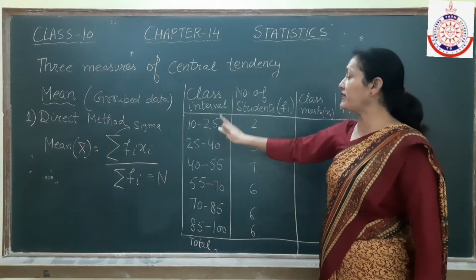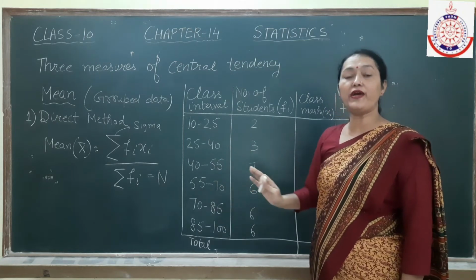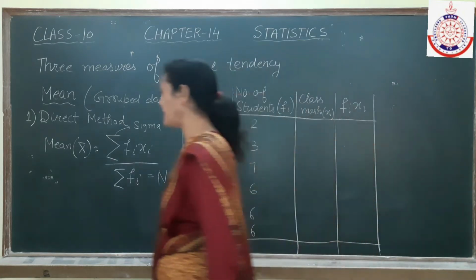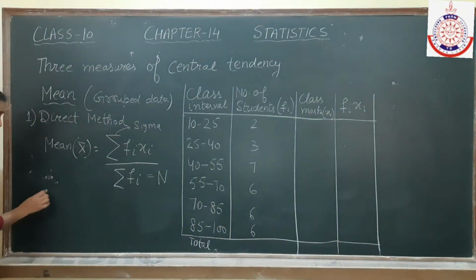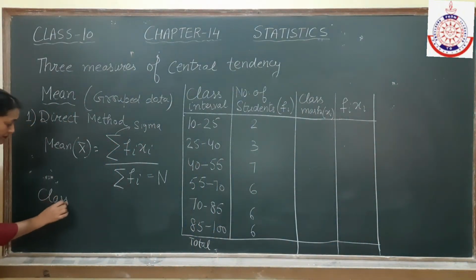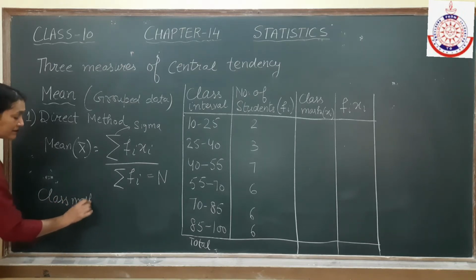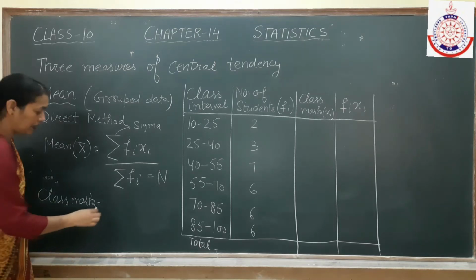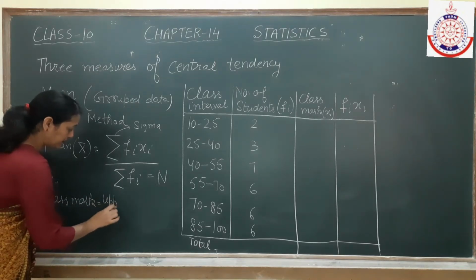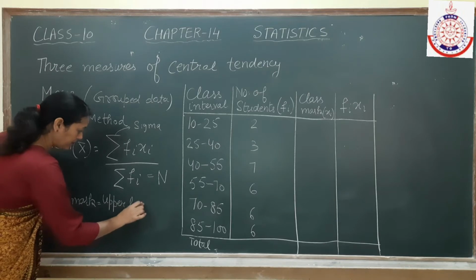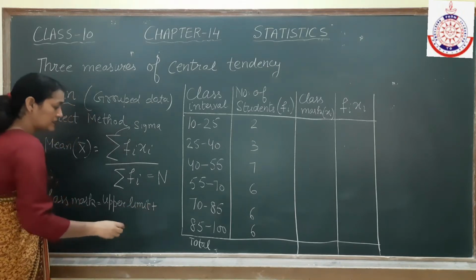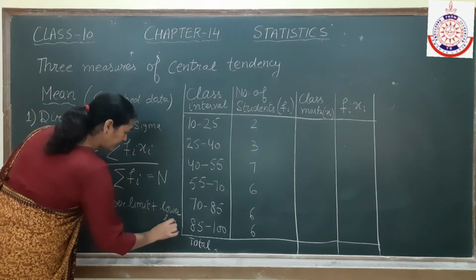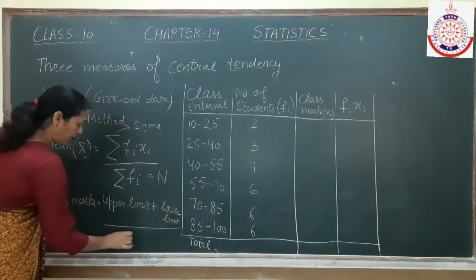First of all, from given class intervals, we will be finding the value of xi. Xi means class mark. You have learned in your class 9 that for calculation of class mark, upper limit plus lower limit upon 2.